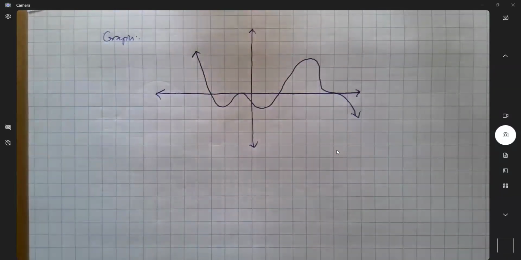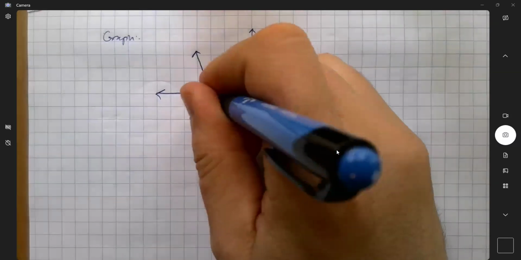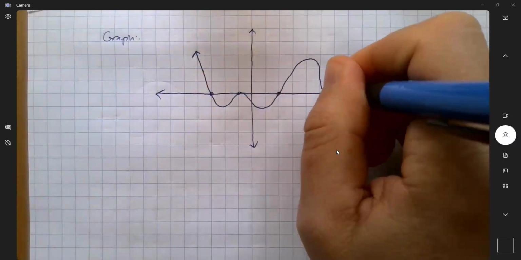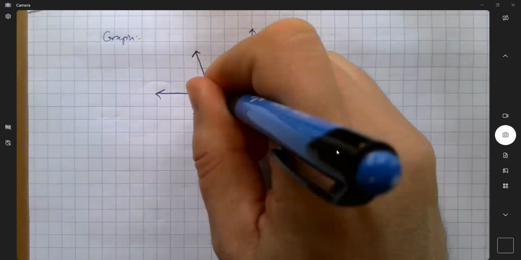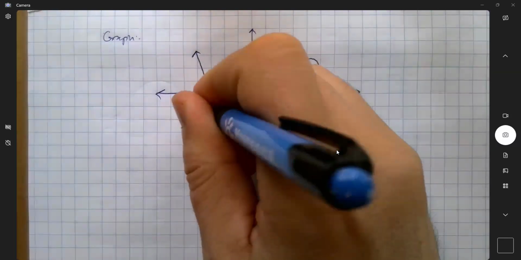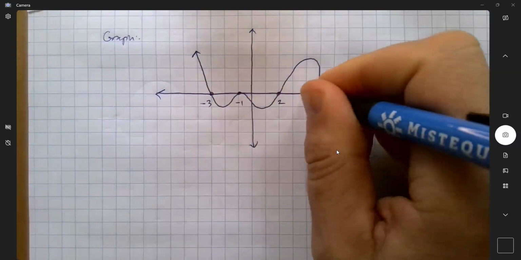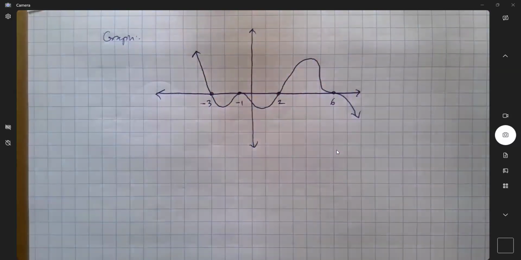And we want to get a possible formula for this polynomial. Well, we're going to work backwards. Let's start by identifying the x-intercepts, which I usually don't bother writing as coordinate points when I have them on my graph. This one's -3, that one's -1. There's a 2 and a 6.